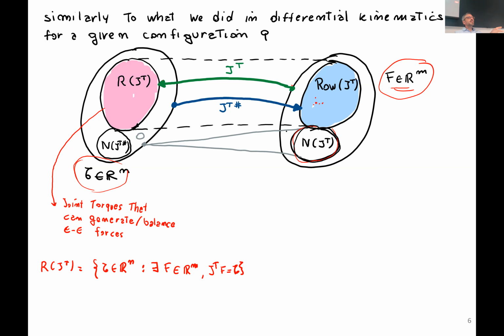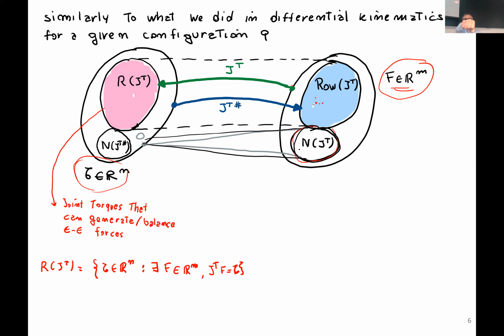Balance each other. Look at what they do whenever they go to the joint. They don't need any torque. So there are forces that are balanced by the structure itself. They don't need any torque for balancing. The forces in the null space of J transpose are these ones.